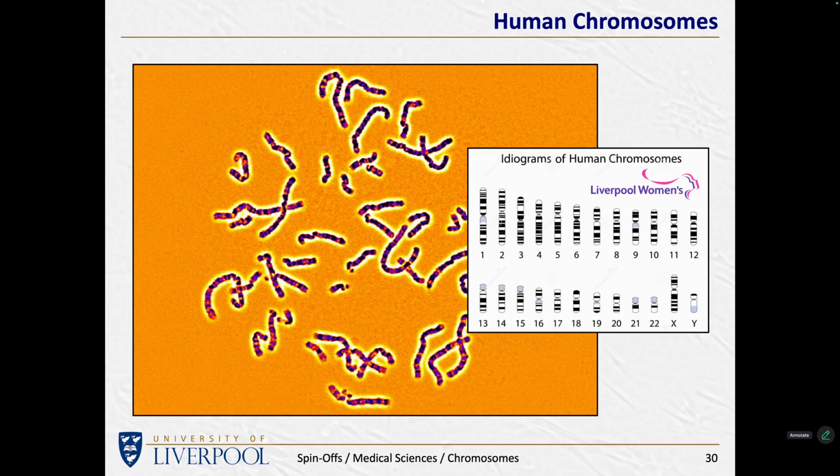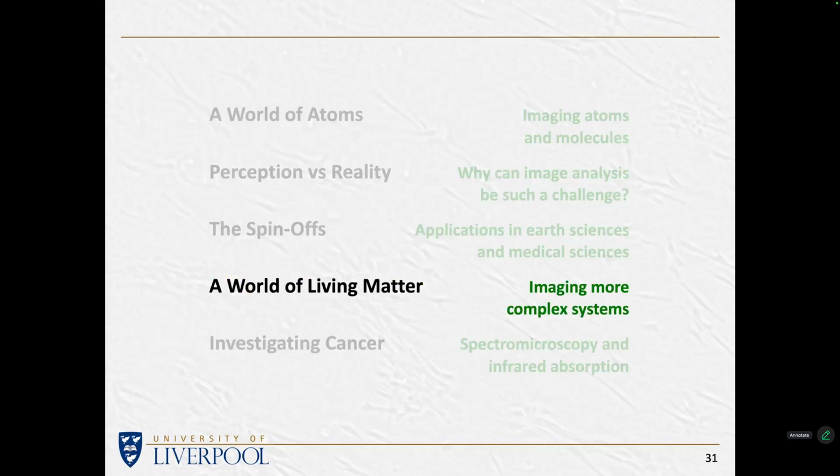I thought it would be very interesting. It turned out to be much more complicated and rather tricky, but it was still fun to actually get my head around the problems of trying to identify which chromosomes are present, which way up they are, and whether the banding patterns that we can see here match up to the banding patterns that we would expect in a human chromosome. So that was an interesting project.